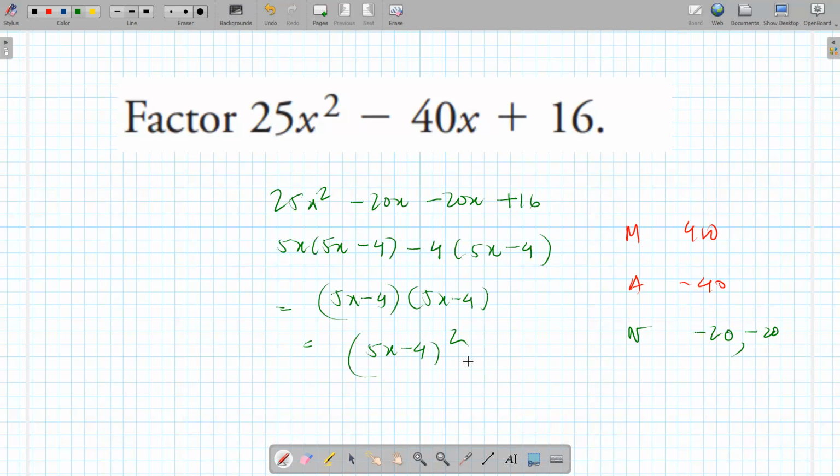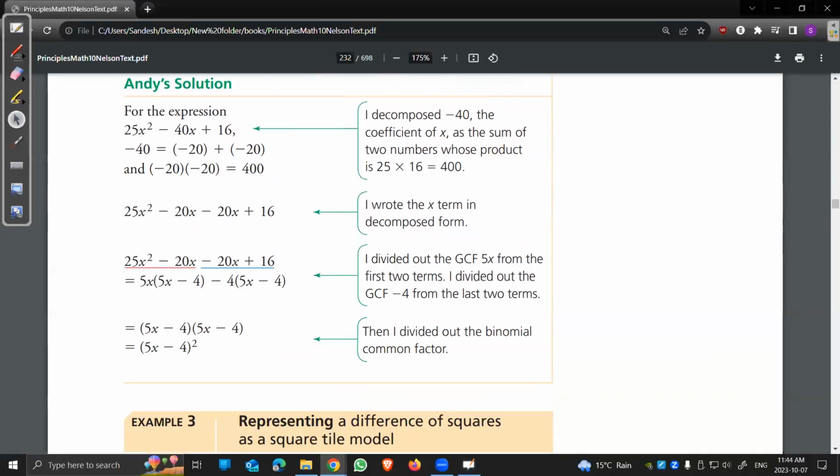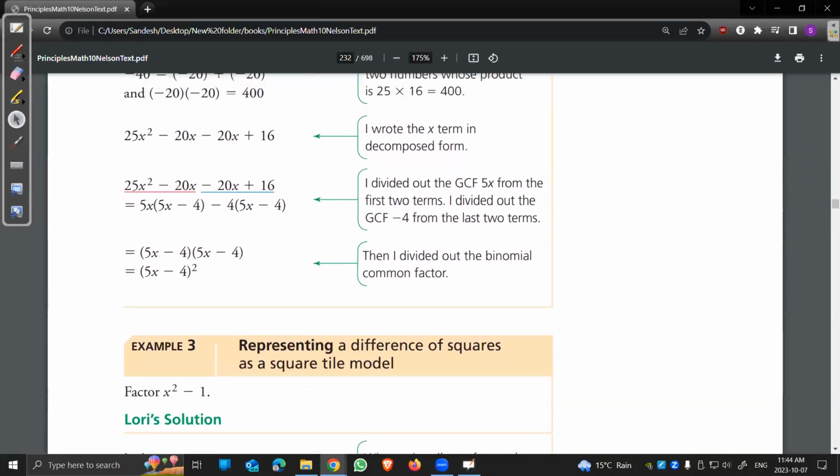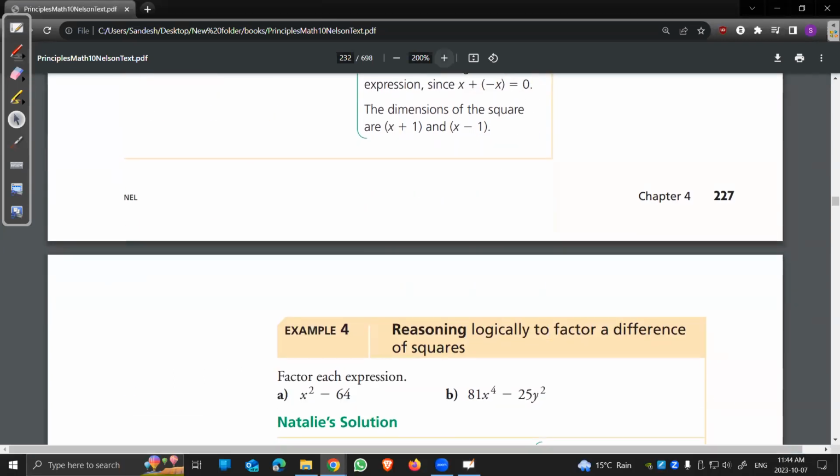So that is called a perfect square. A perfect square is when two of the same thing multiply. Difference of squares, we've done this. It's not that difficult.